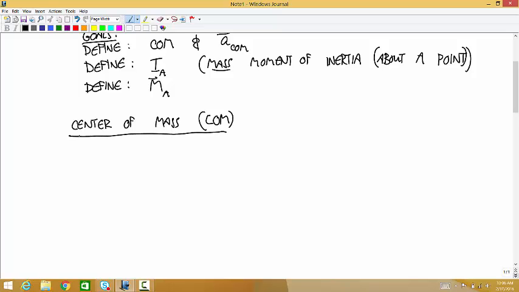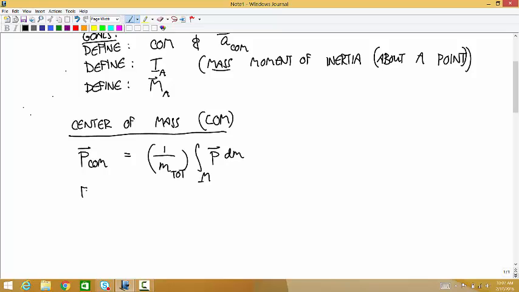The definition of the center of mass is that the position vector of the center of mass is equal to 1 over the total mass times the integral over the entire mass, I guess let's write that as a capital M, of the position vector times the infinitesimal increment of mass.